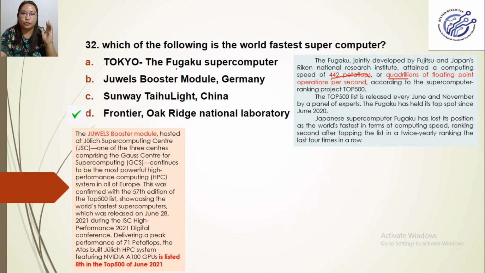Itong mga computer na 'to ay hindi ordinaryong computer. Ito po ay sobrang laki na kailangan niya ng halos isang building or more na space para lang po sa computer na ito. Kaya meron po silang super fast na processing.